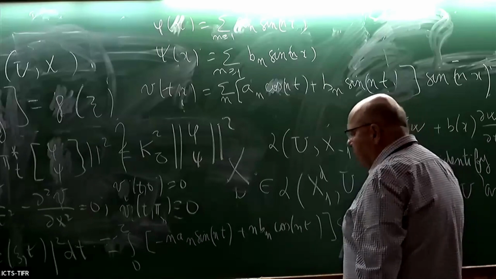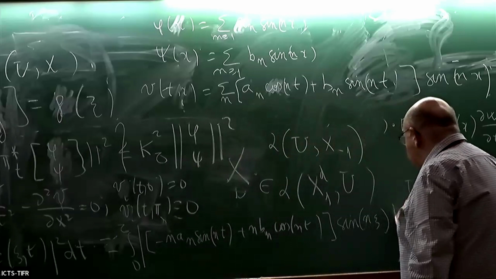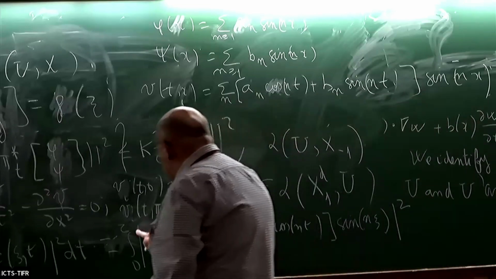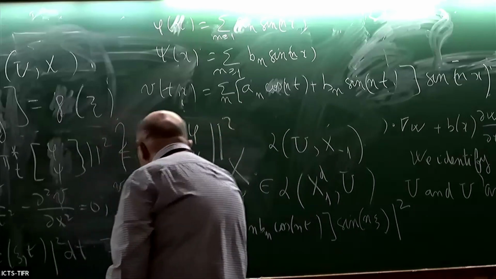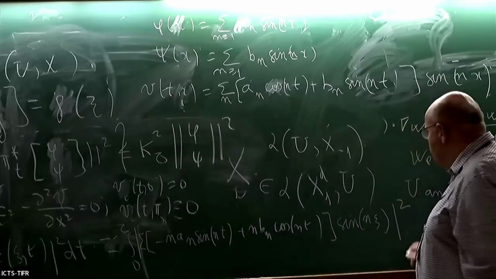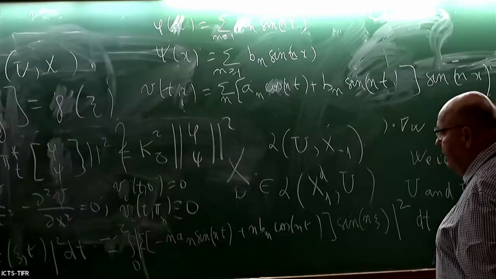So I have to look at the integral of this sum. Of course, there is a sum inside. The integral of the square of the sum, dt. And this is clearly, up to a constant, smaller.